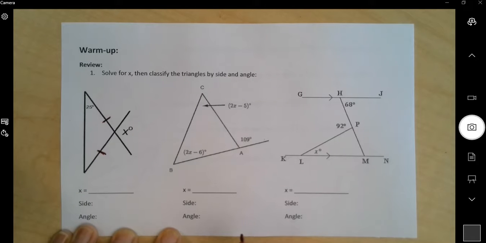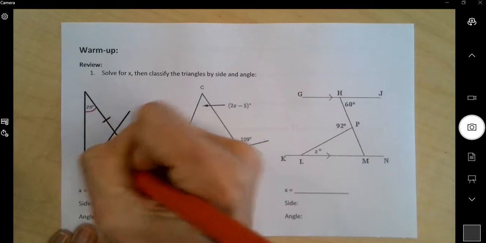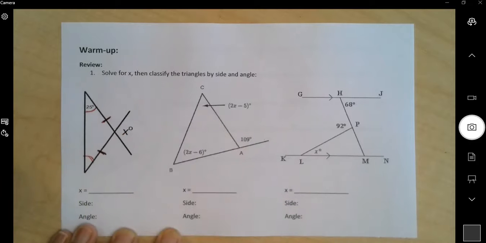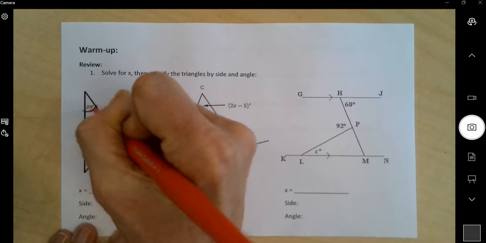Nothing's parallel. I mean, equal. Yeah, these angles are going to be congruent because these sides are congruent. That's our isosceles triangle theorem. Sometimes you'll hear it referred to as the base angle theorem. Same. So whether it's the base angle theorem or the isosceles triangle theorem, it has two names.